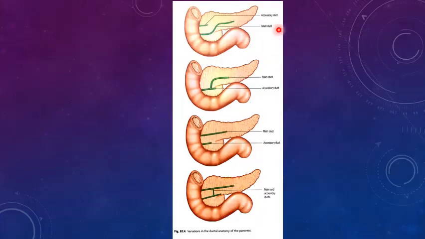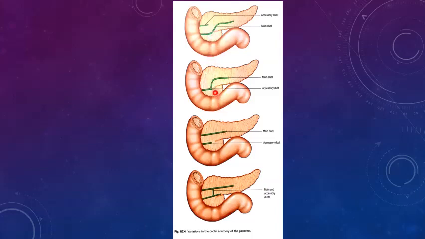Now there are certain variations that we'll see in the location and communication between the accessory and main pancreatic ducts. This is the main pancreatic duct and this is the accessory. Sometimes there may not be any communication between the accessory and the main pancreatic duct.